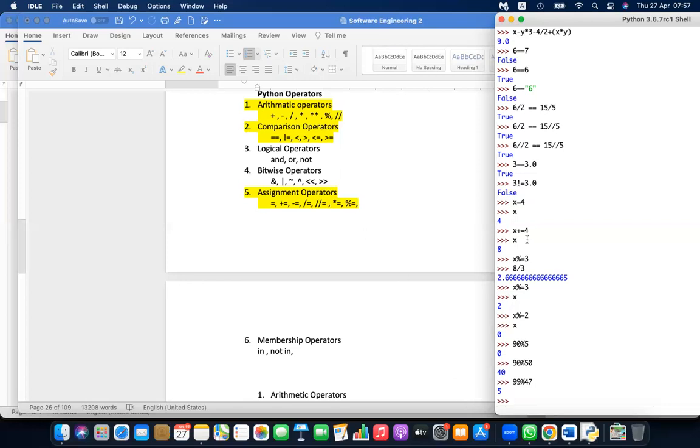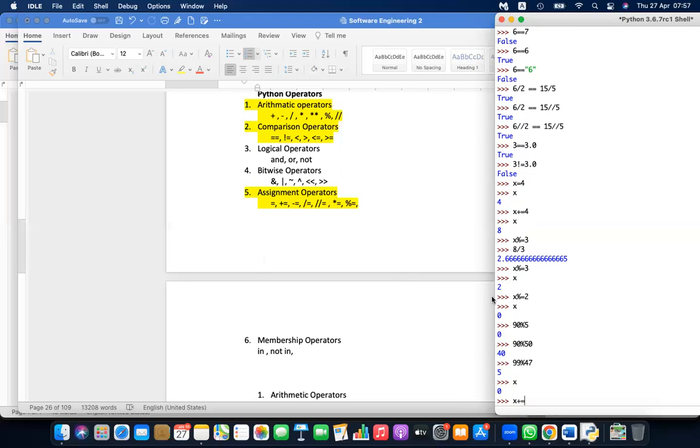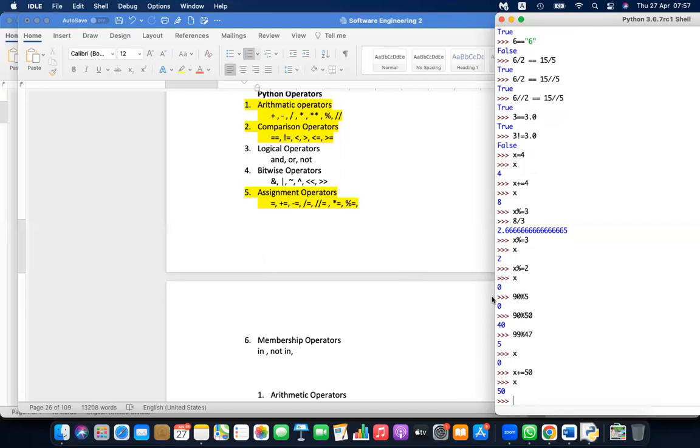What assignment operator does? Assignment operator is here. So value of x is finally 0. If you say x plus equal 50, now value of x will be 50 because 0, 50 will be added.